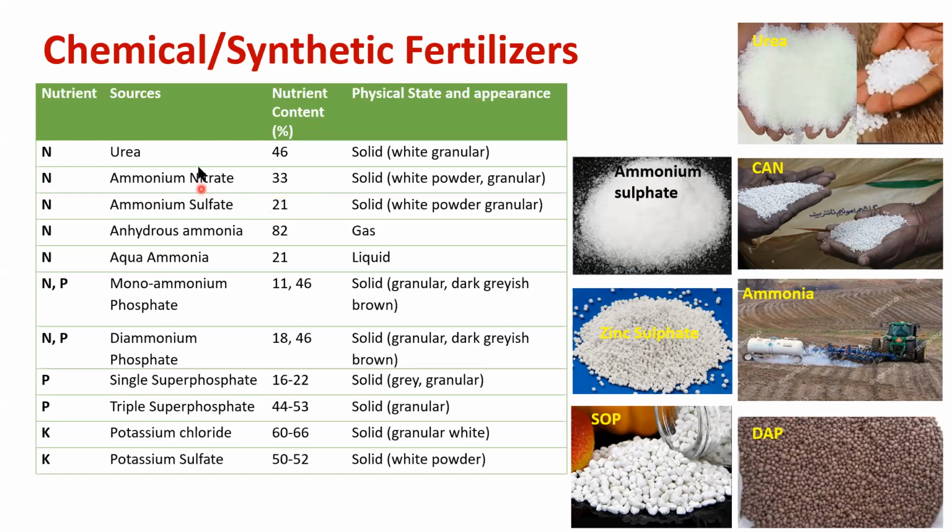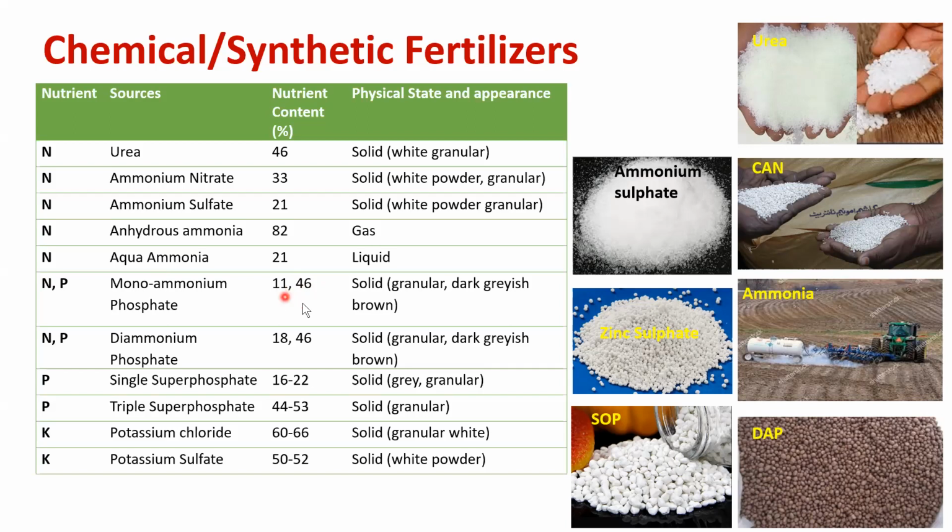Calcium ammonium nitrate is also being produced in Pakistan, and it has a relatively low concentration of nitrogen due to the addition of calcium. Ammonium sulfate has 21% nitrogen, and ammonia has 82%, which is in the form of gas. Aqua ammonia is 21%.